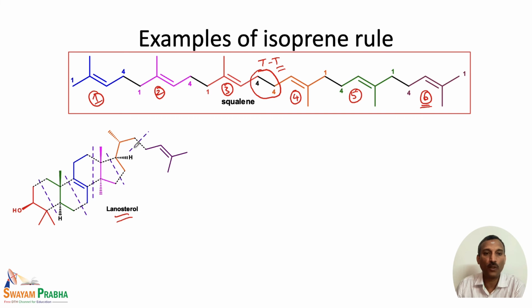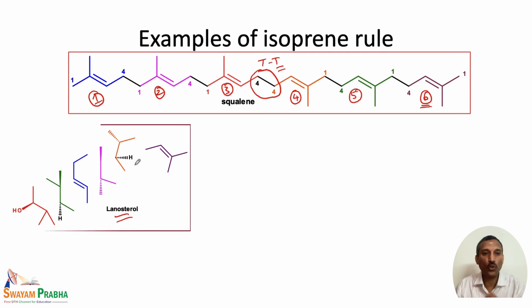If these points are dissected, how many isoprene units are we going to get? If I cleave this place, we end up with 1, 2, 3, 4, 5 and 6. So 6 different isoprene units combined together to give the lanosterol molecule.